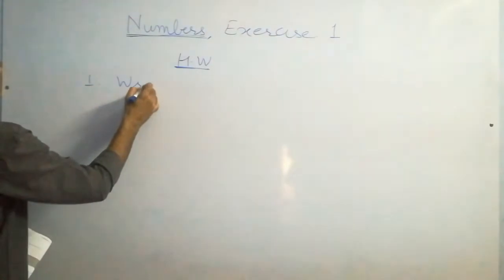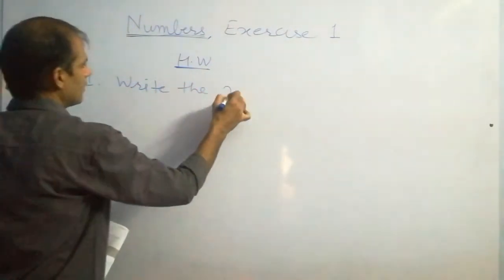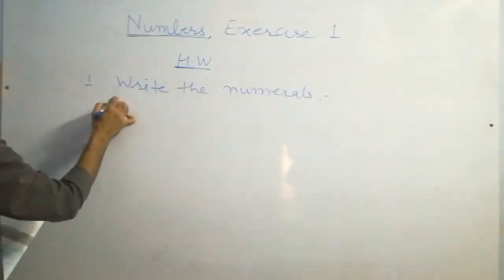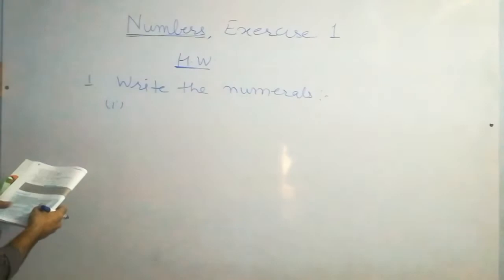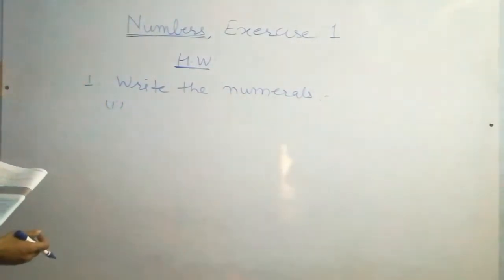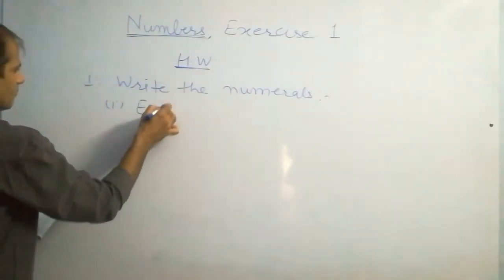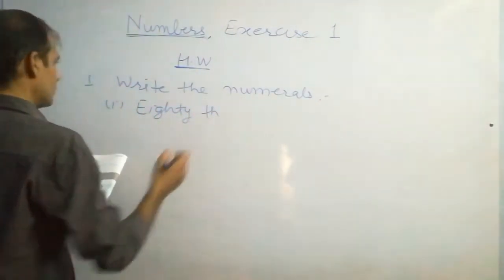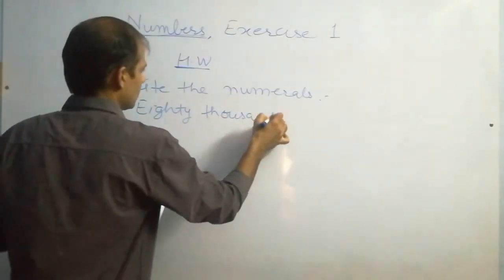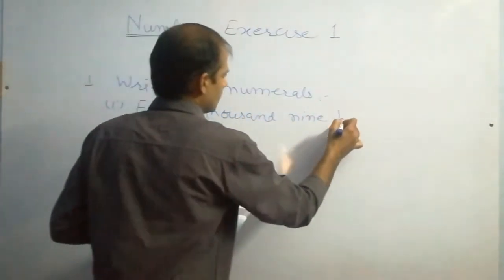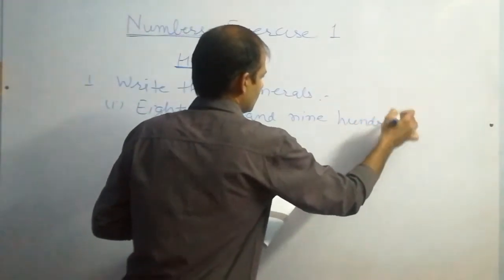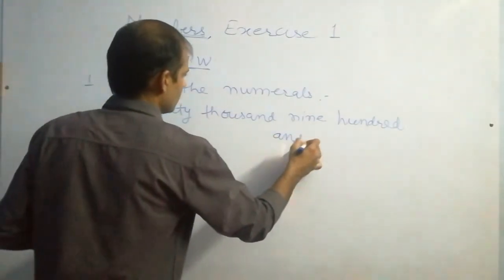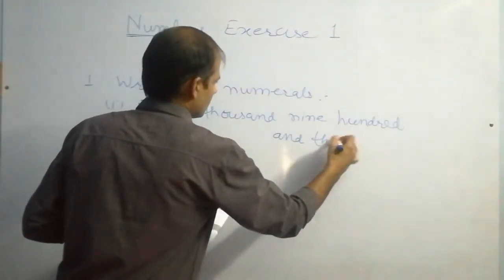First question is, write the numerals. A number is 80,000, 900 and 30.